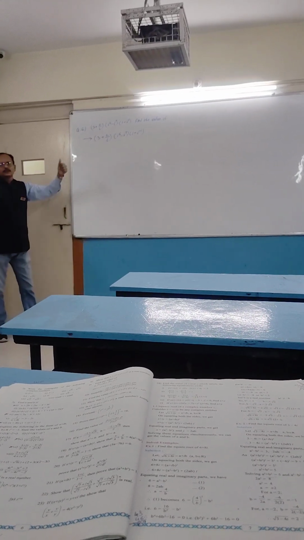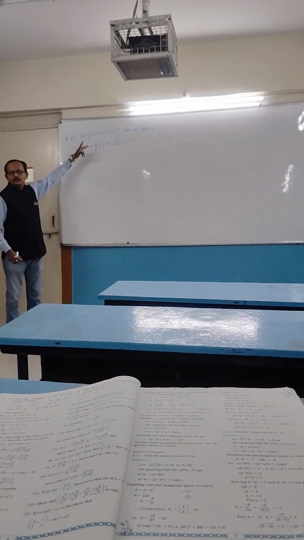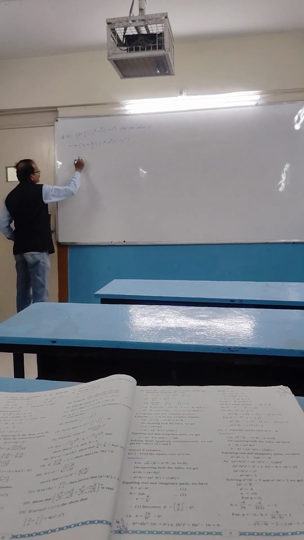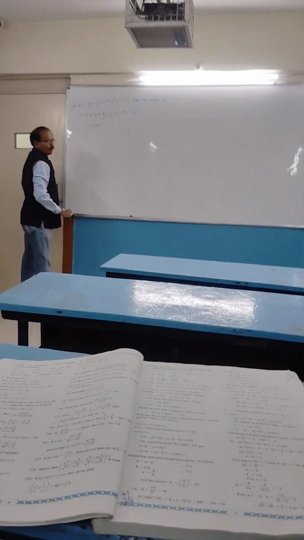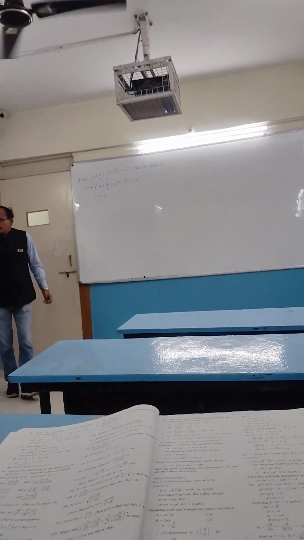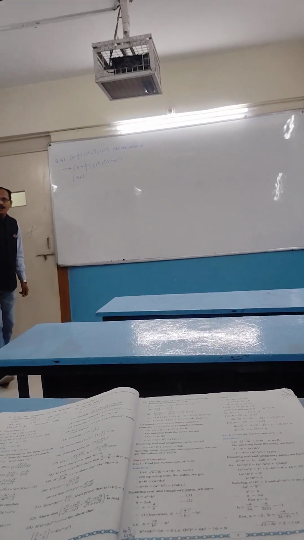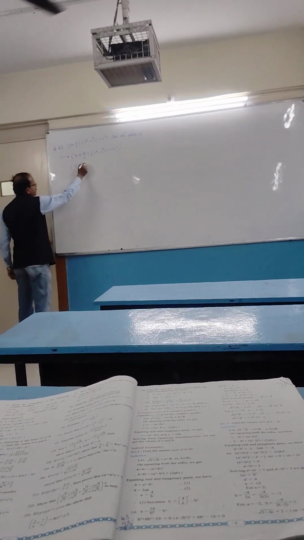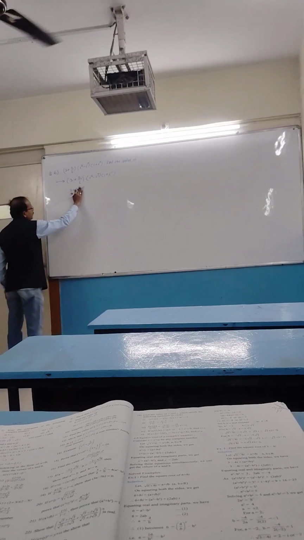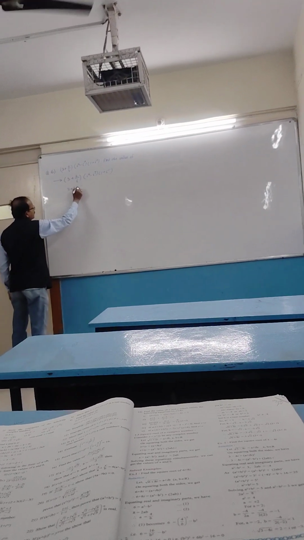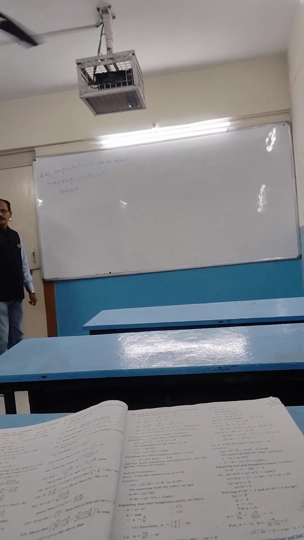Now at first, make this fraction an integer: 3 plus 2 and 1 upon i. 1 upon i is, as given, this value. 1 upon i is minus i. Yes, you know that? 1 upon i is minus i, right?